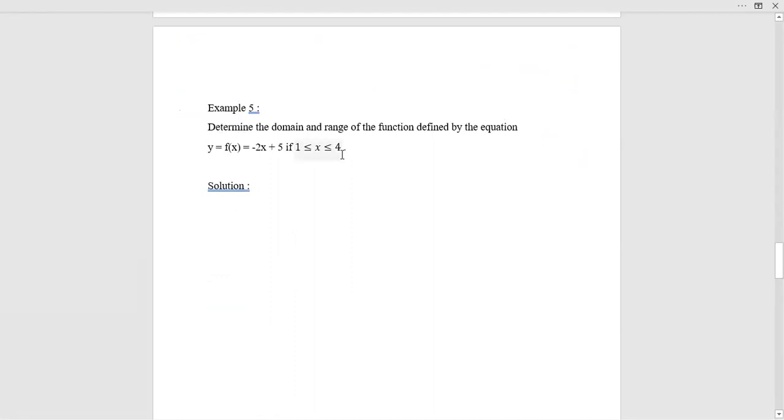Determine the domain and range of the function defined by the equation y equals f(x) equals negative 2x plus 5 between 1 and 4.